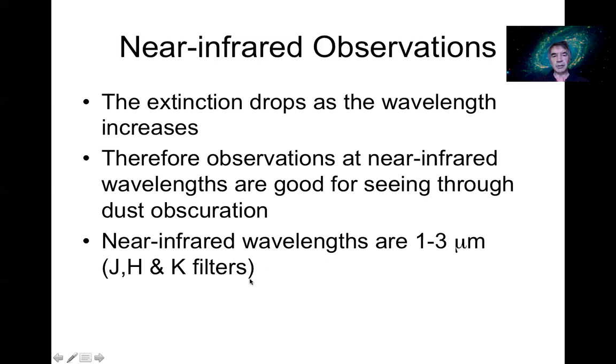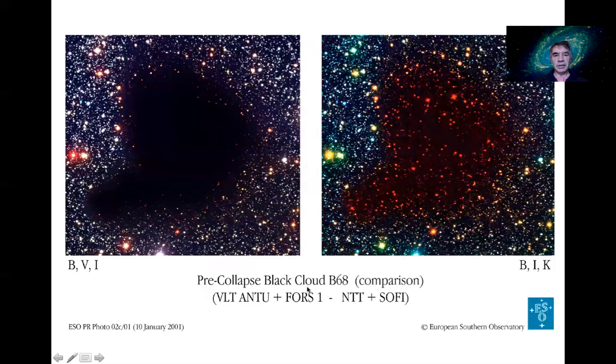Just a bit of nomenclature in the brackets here. Again, you don't need to remember this, but that naming convention for the filters that started with U and B and V, R and I in the optical, then carries on to J, H, and K in the near infrared. And we can see that in operation here. Let's come back to this picture that we saw earlier.